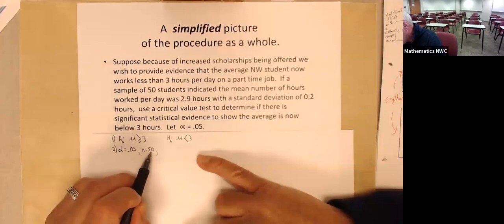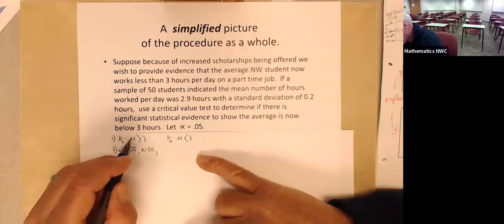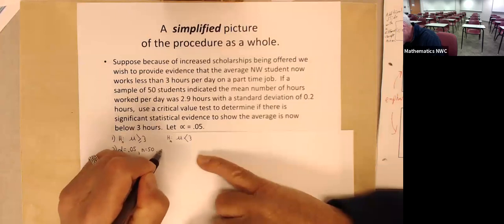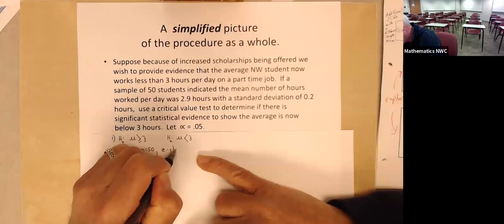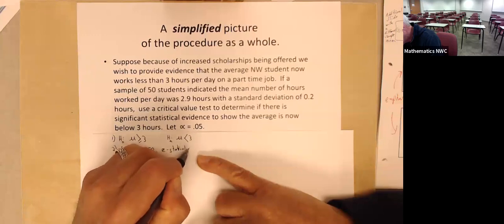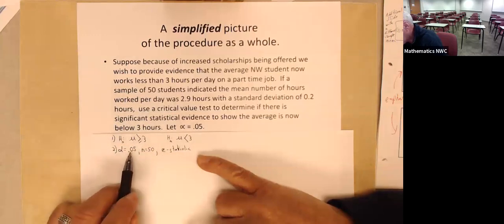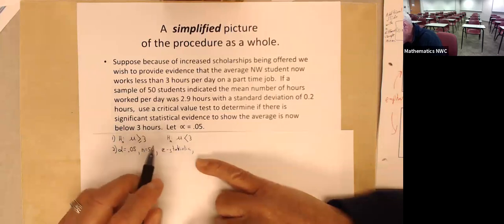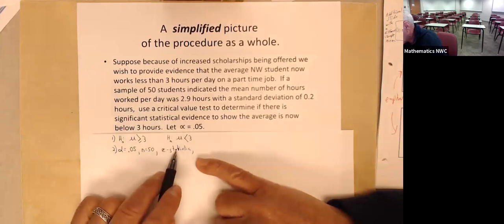Because N is 30 or more, and I'm looking at a mean, I'm using the central limit theorem, and I know that I'm going to be using a Z statistic. So I've listed my alpha level, my sample size, and my statistic.